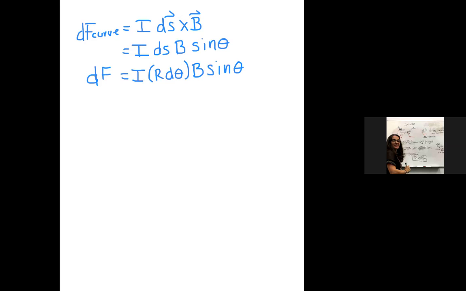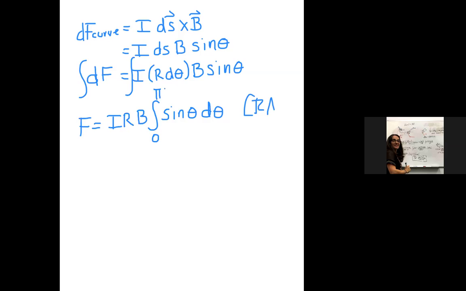And then I want to integrate both sides. So for the force, the current's going to come out, R is going to come out, B is going to come out, and we're going to get a sine theta d theta. And our limits of integration are from 0 to pi, and we have to be in radians, right?